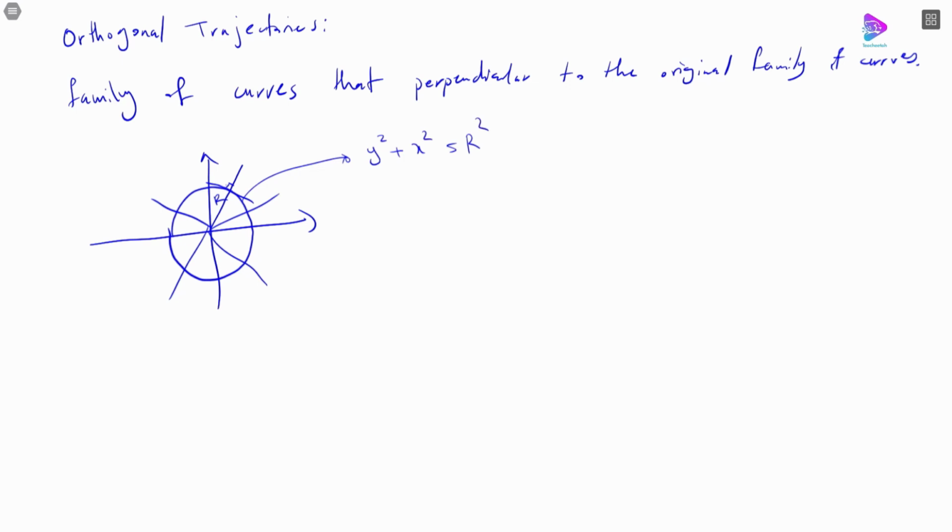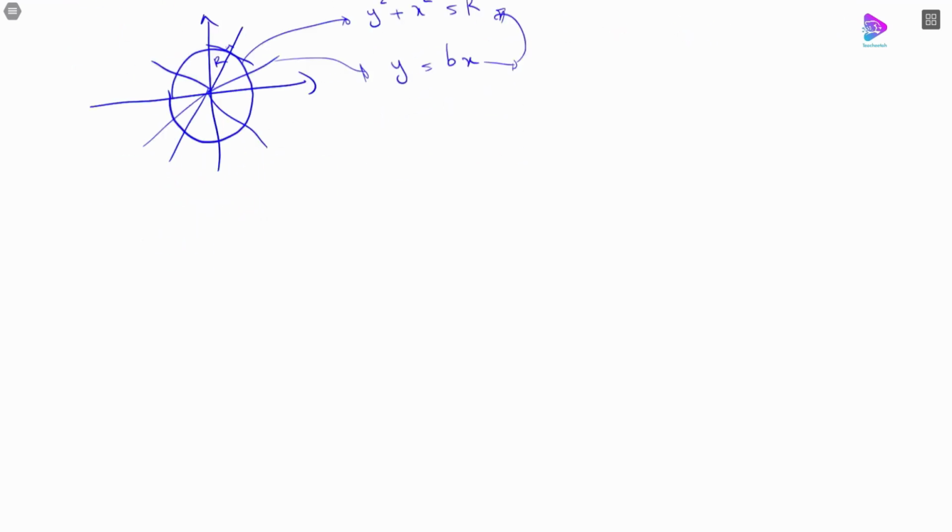And the equation of these straight lines is y equal to bx, correct? Because they're passing through the center. So this is the orthogonal trajectories for the equation of that circle. Now let's take a look at an example and explore this further.